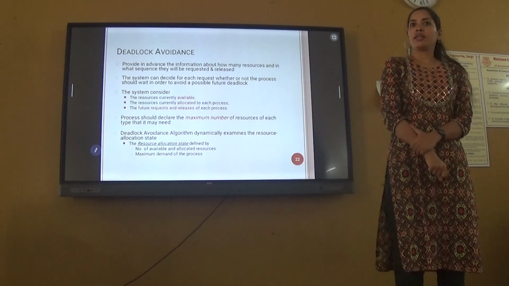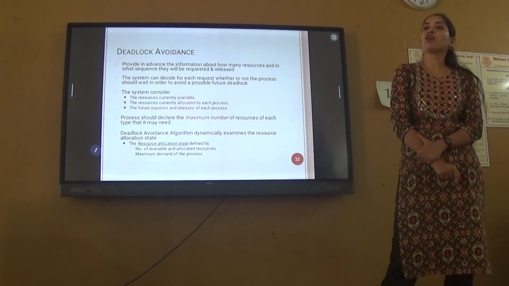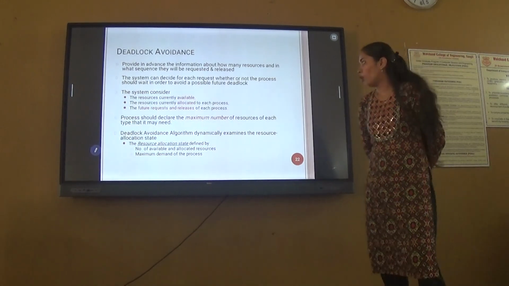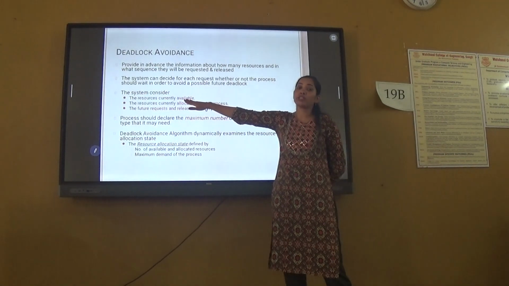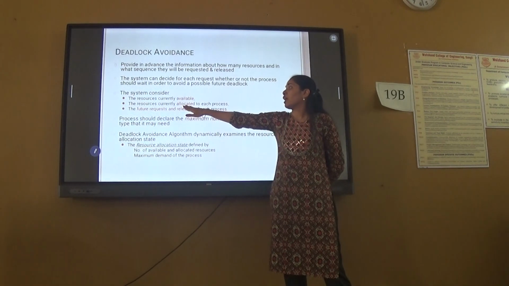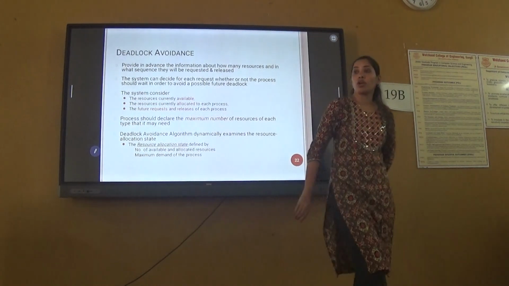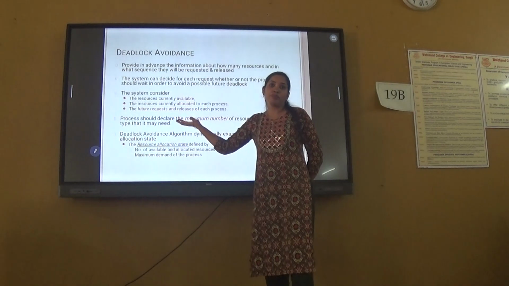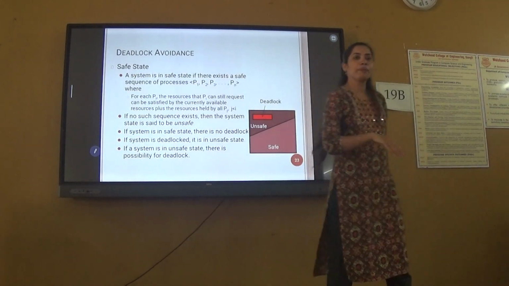Now, even after taking all those precautions, if a deadlock is trying to occur, how can we avoid that? The operating system will declare the available resources, then the allocated resources, which particular process has got how many resources, and then the future requests and demands.